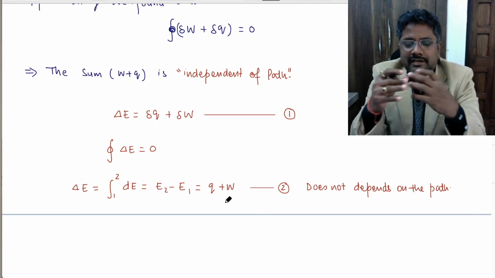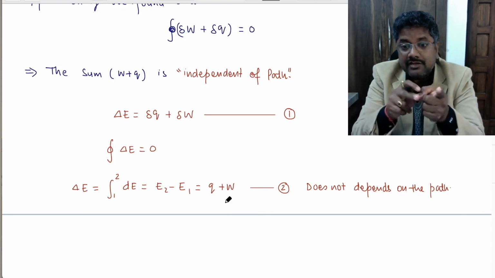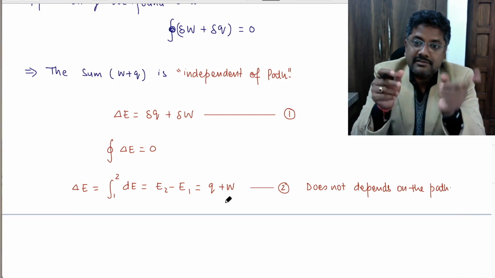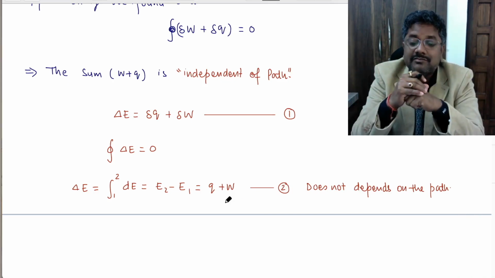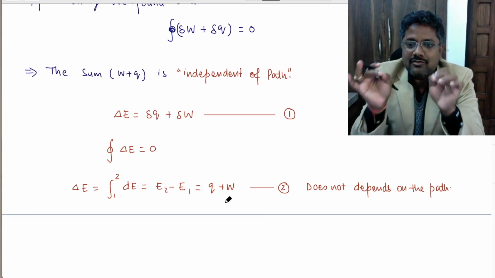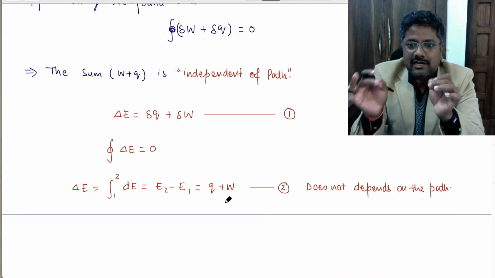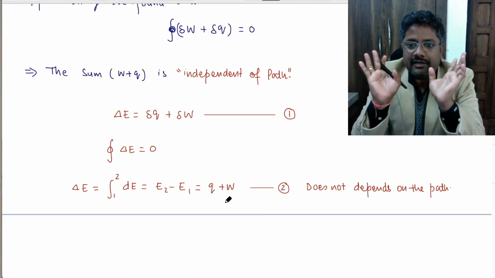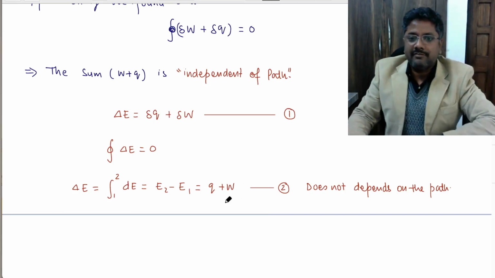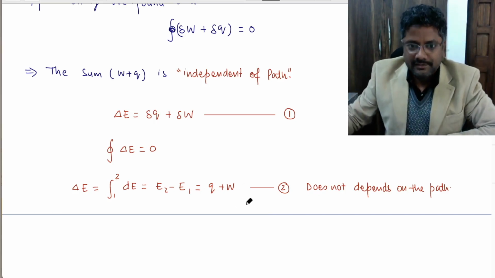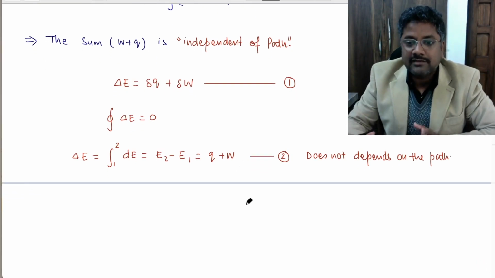But we can say that Q and W are ready for sacrifice, meaning Q and W are sacrificing in such a way that internal energy becomes path independent. So these two functions are always ready for sacrifice so that state functions can be path independent.